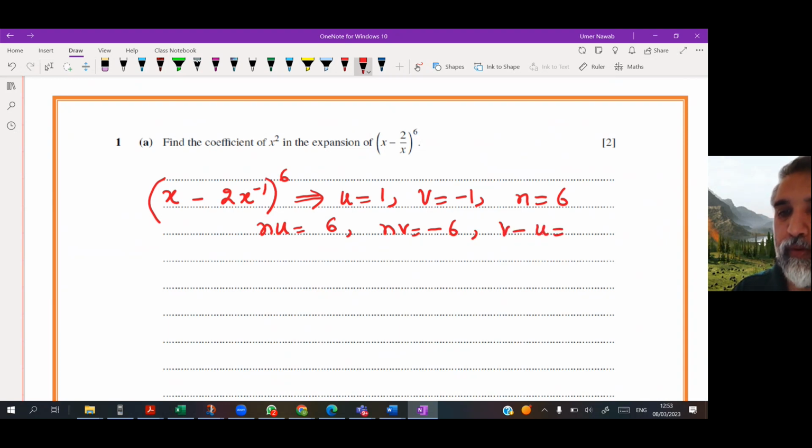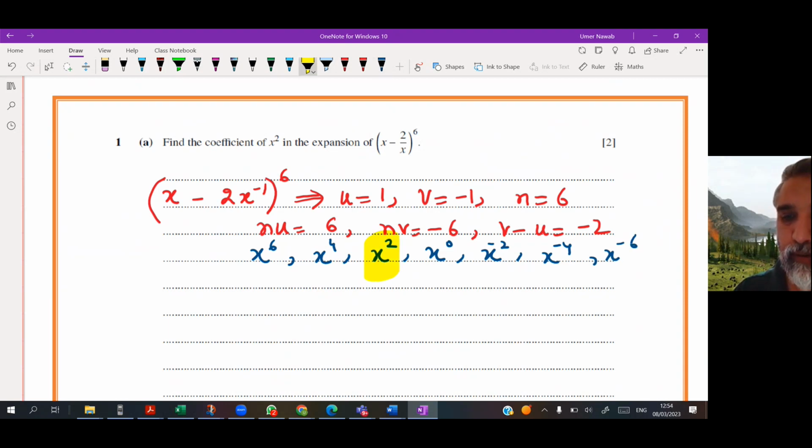V minus u is -2. How will the powers of x come to us? 6, 4, 2, 0, -2, -4, and -6.